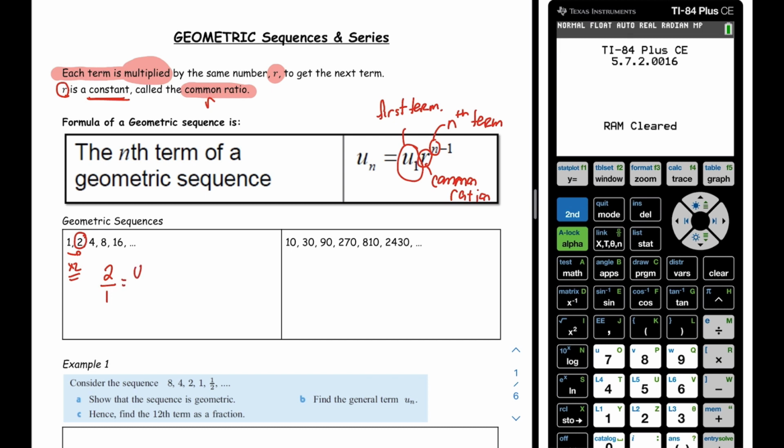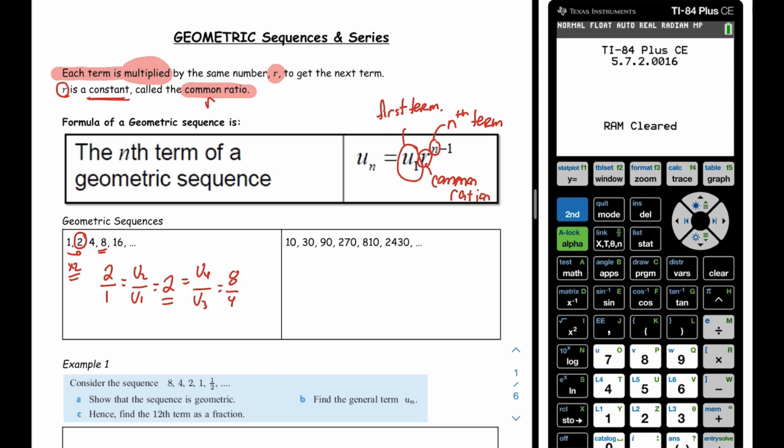So in other words, U2 divided by U1, and we're going to get our common ratio. And that would have been the same thing as dividing, for example, U4 divided by U3. That would have been 8 divided by 4, which would in fact be 2.